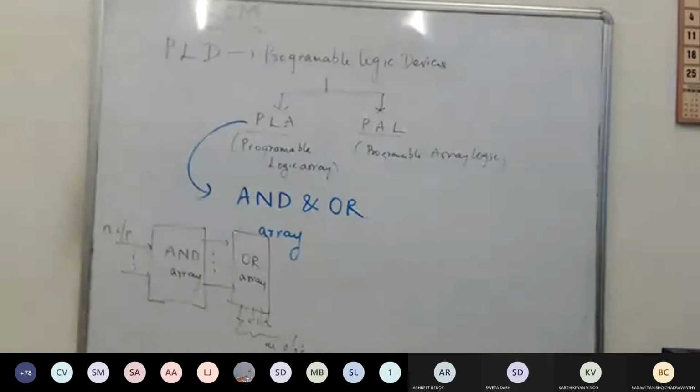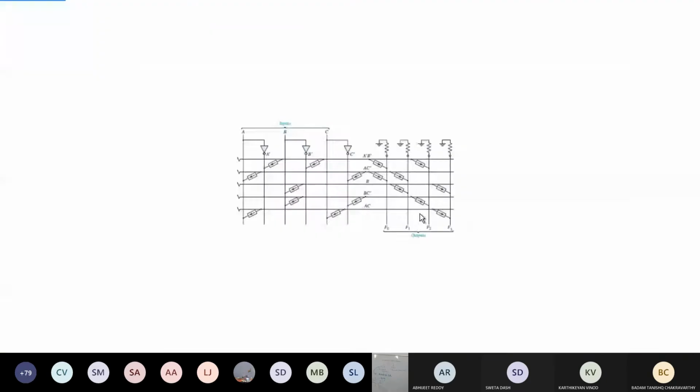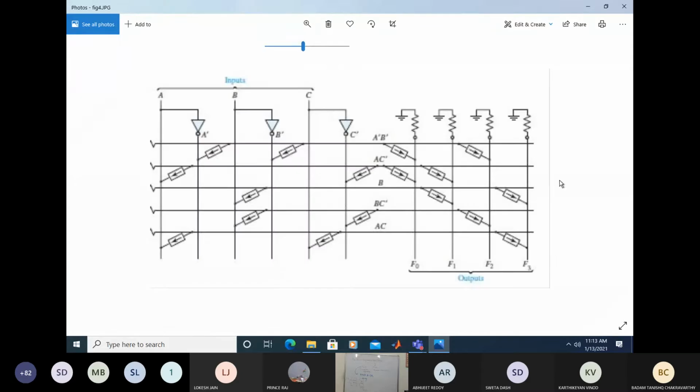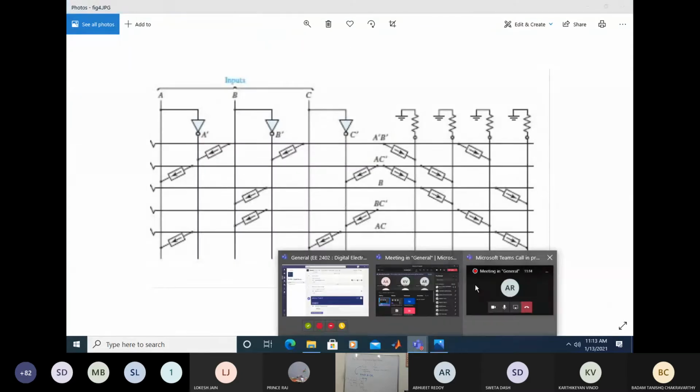Why is this screen stuck? Can you see anything here now? Yes, ma'am.